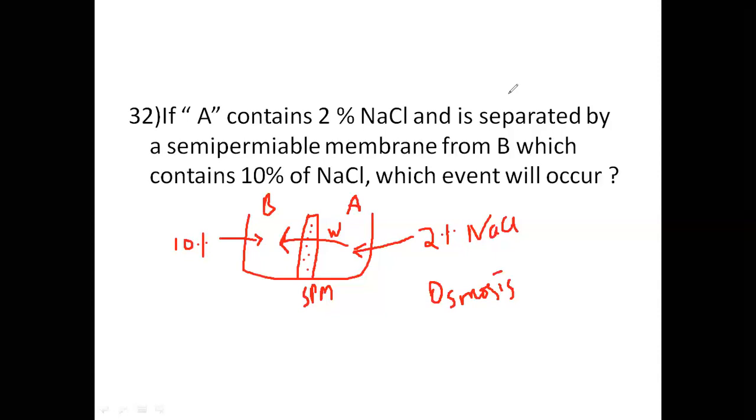Why no? Next calculation. This is delta TF, and delta TF and the freezing point are related as T naught minus T, where T naught is the freezing point of the pure solvent, T is the freezing point of the solution.